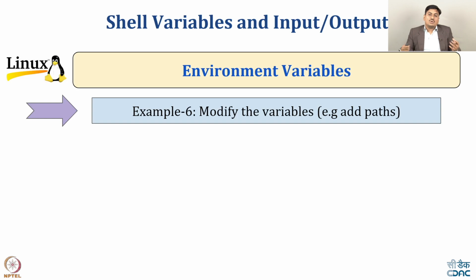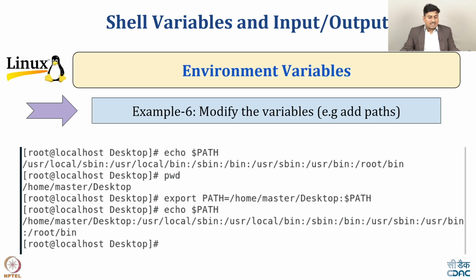If you want to use those files and make them available in your own environment, there are different variables the system uses by default, like just take an example of the PATH variable. PATH is one of the standard variables in Linux, which is basically used to set the paths for the different binaries. We have seen that there are different binaries present in different directories in the Linux operating system.